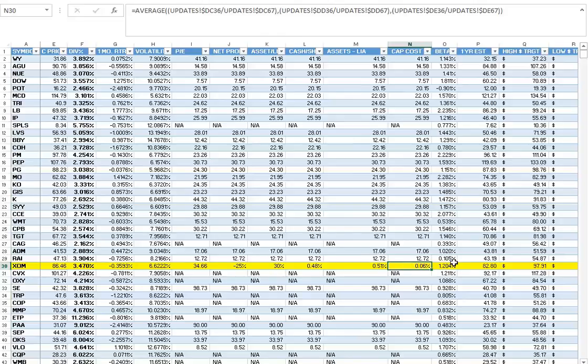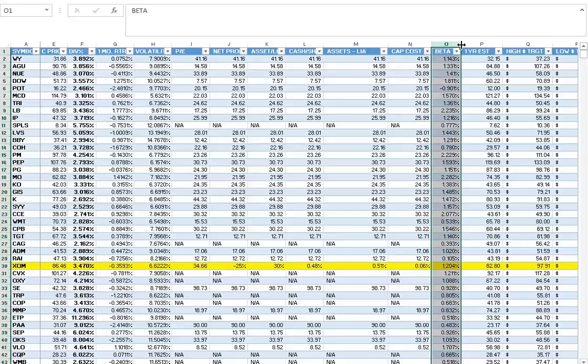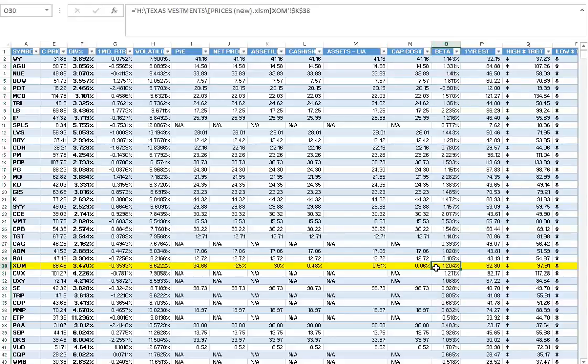The next number we have here is beta. Beta is a statistical reference used all throughout the finance world, but my beta is calculated a bit differently. Usually beta is calculated as volatility like we have over here, but it's not really a standard deviation.